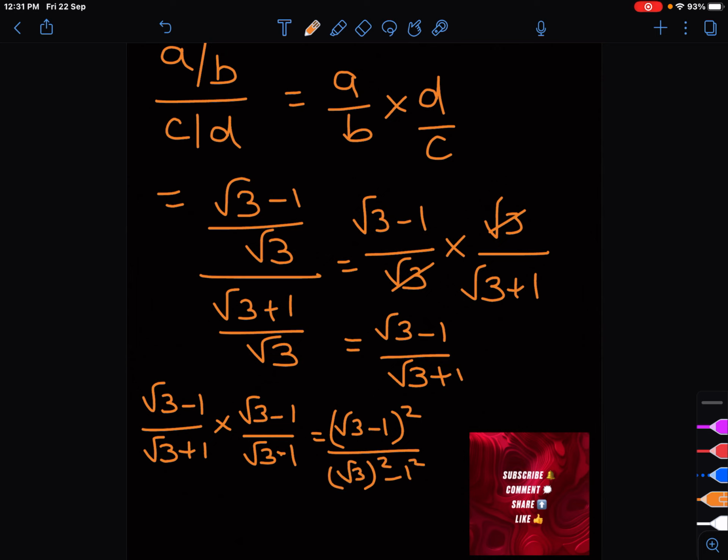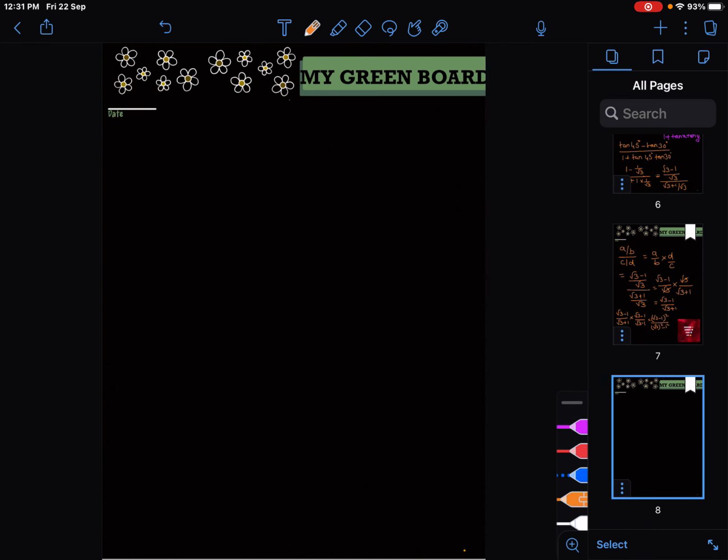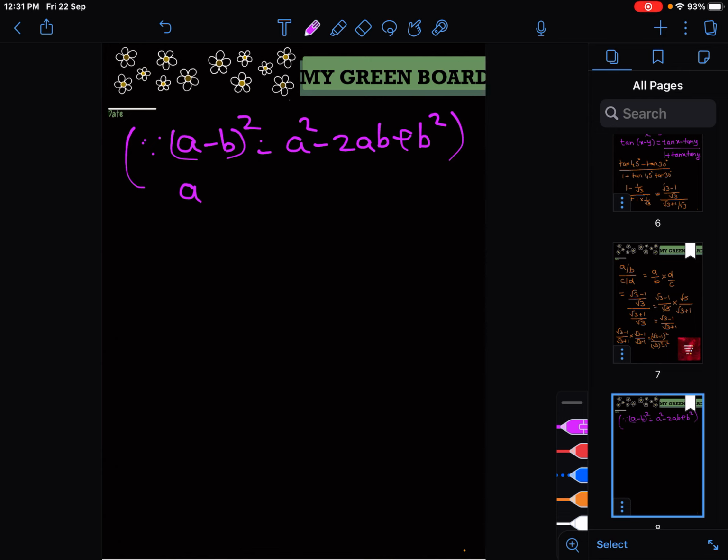I have used two formulas here. The a minus b whole square formula, a minus b the whole square equals a square minus 2ab plus b square, and another formula, a plus b into a minus b equals a square minus b square.